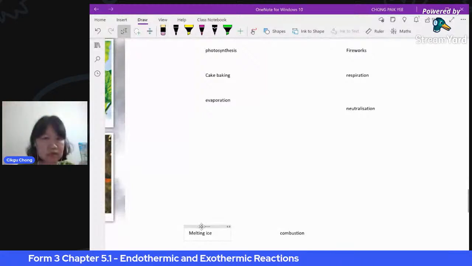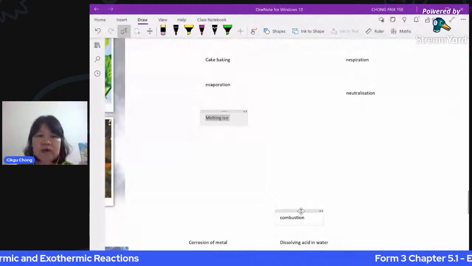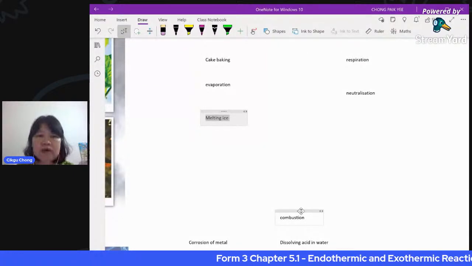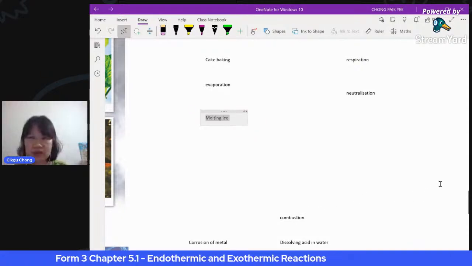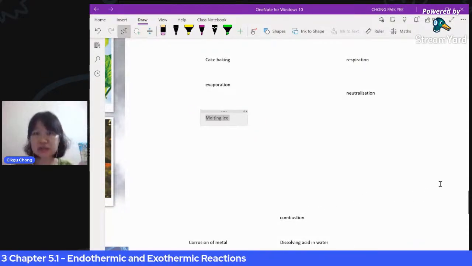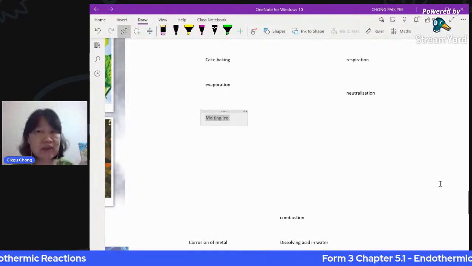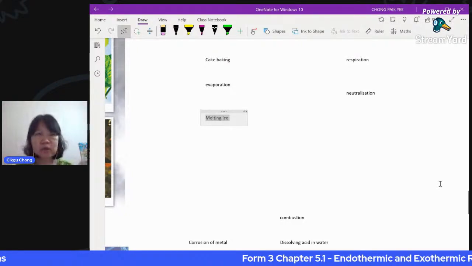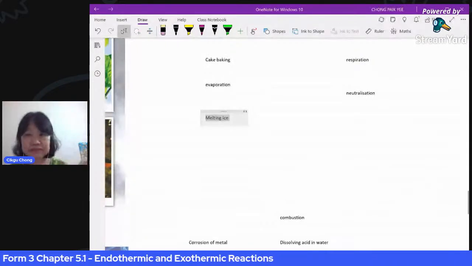So endothermic. What about combustion? Combustion is burning. As I give you the keyword burning, you see the heat, you see the fire. You stand near the fire. Do you feel hot? Why do you feel hot when you stand near the fire? When the wood is being burned, it's combustion, and you feel hot because it is producing heat, right?